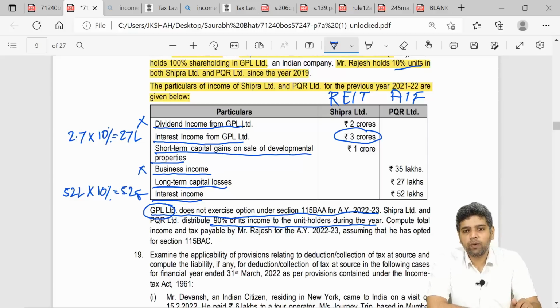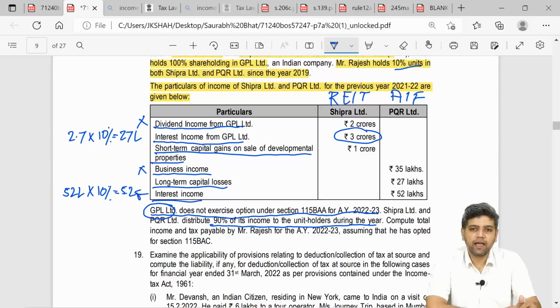Now you might naturally think that, sir, AIF has also distributed only 90% of its income. But please remember friends, in case of securitization trust and in case of AIF, there is a concept of deemed distribution or deemed credit.